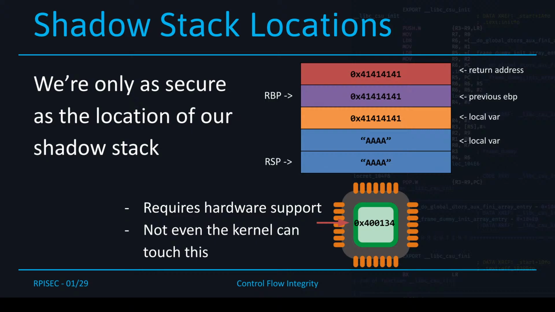This hardware was actually only released a few months ago. I believe Intel collaborated with Microsoft to develop this hardware support for shadow stacks. The first supported processors were the Tiger Lake series, which were just released a few months ago in the fall, I believe in September or October. So it'll be quite a while before we see this become mainstream, I think.